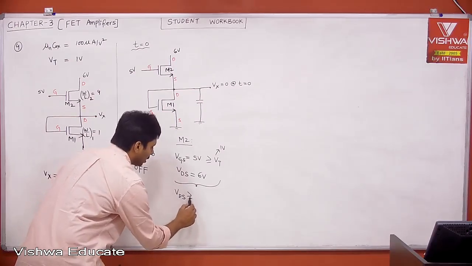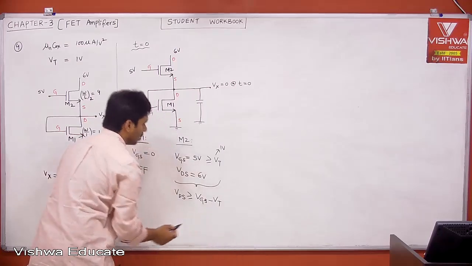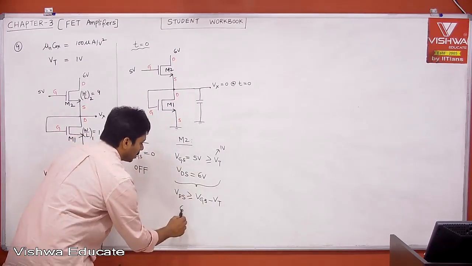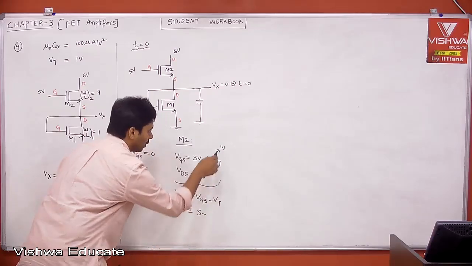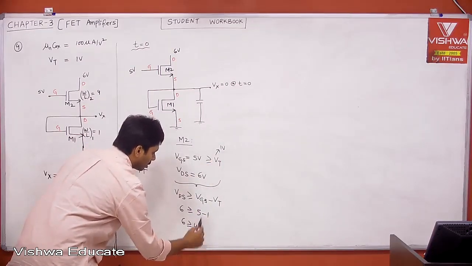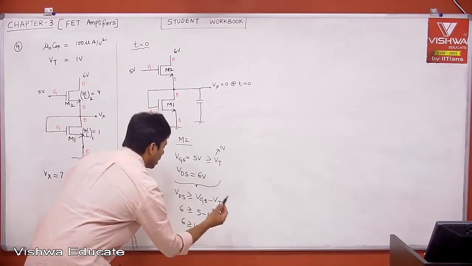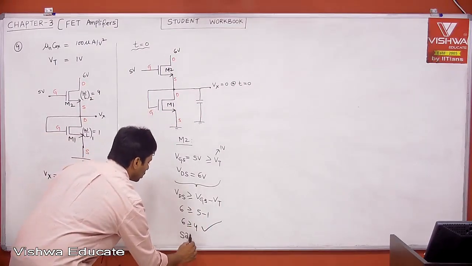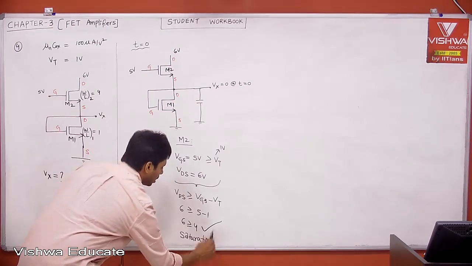If VDS is greater than or equal to VGS minus VT, then what is VDS? 6. What is VGS? 5. What is VT? 1. 6 is greater than or equal to 4. Is this true? True. Therefore, what is the region of the transistor? Saturation.